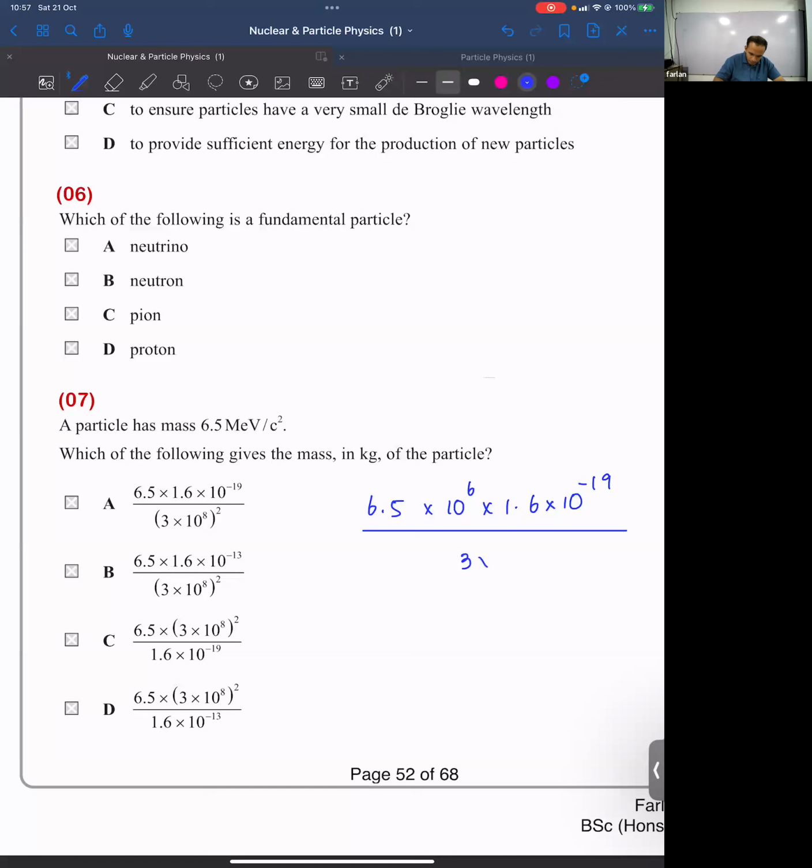Over 3 into 10 to the power 8 square. That is how you confidently make mistakes. Whoever decided B is the answer, 1.6 into 10 to the power minus 13, that is definitely wrong.